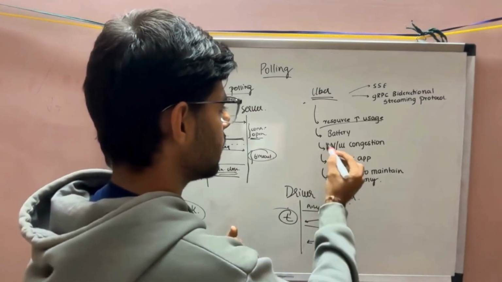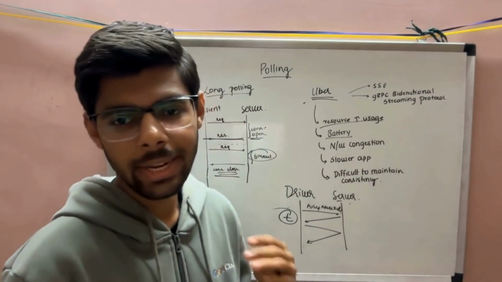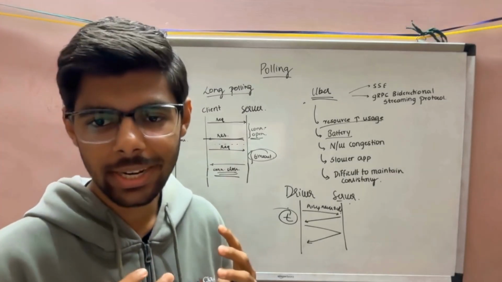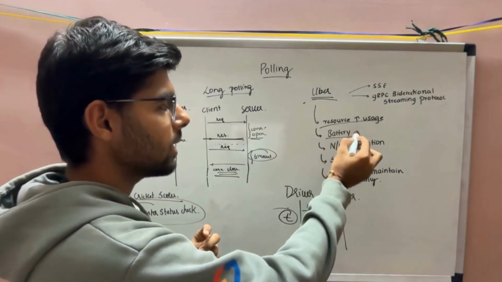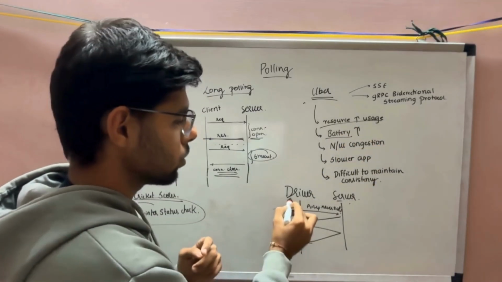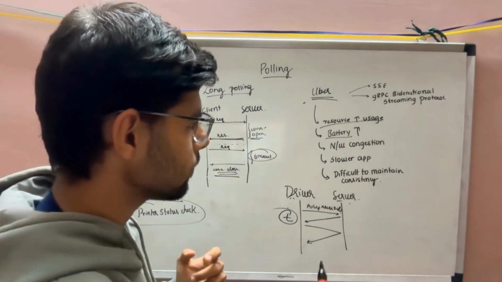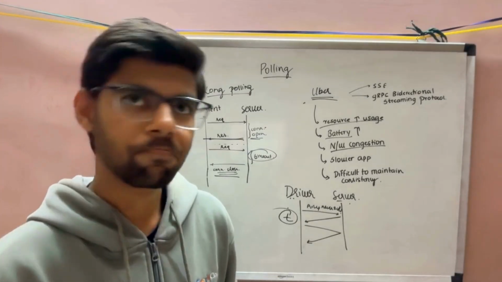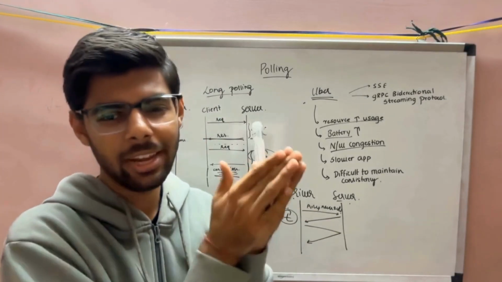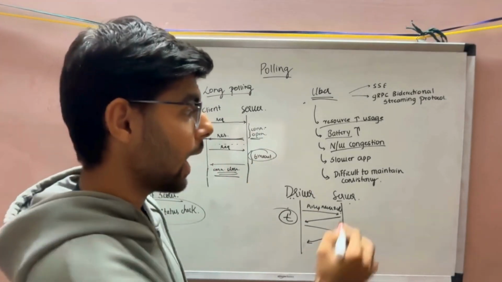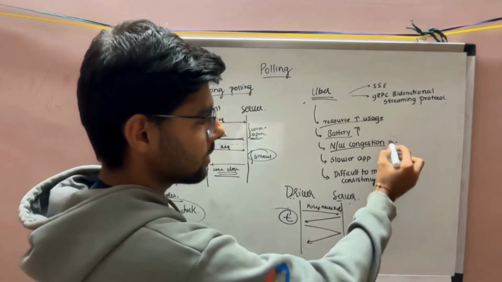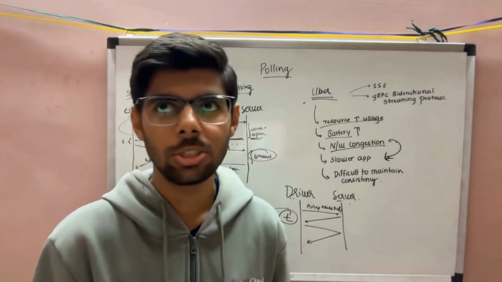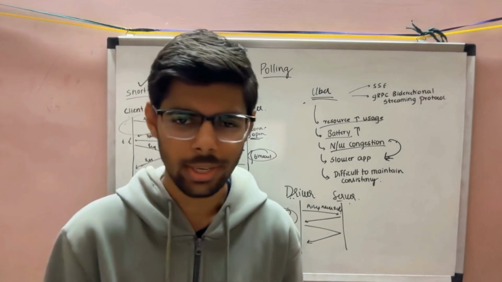Since polling is entirely initiated from the client side, battery drain is high. It could lead to network congestion, since we are doing it very frequently, and that would eventually lead to the app performing really slow, which no user would want.